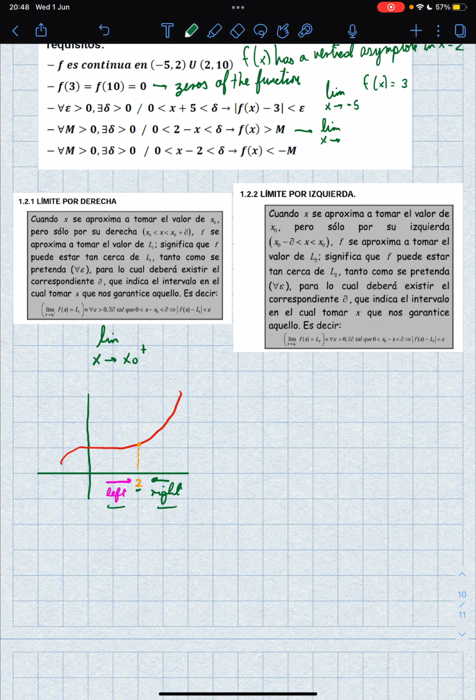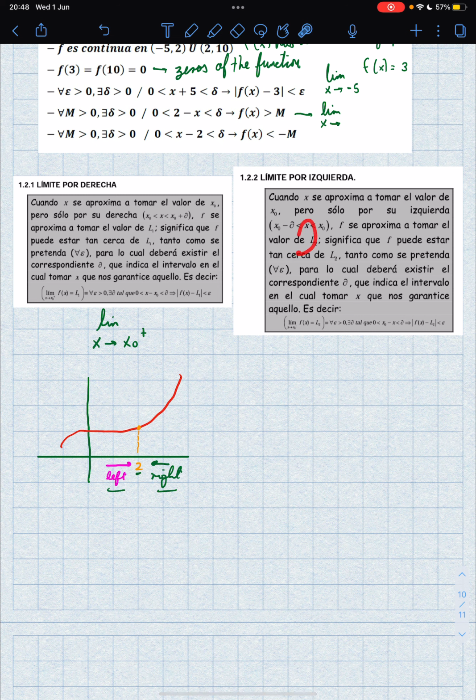In this case we have 2 minus x. Let's go to the left, to this definition here. It says that when the limit goes from the left, we're gonna have x sub 0 minus x, and we're having the same here, as you can see. So it's gonna be the limit when x goes to 2, right?